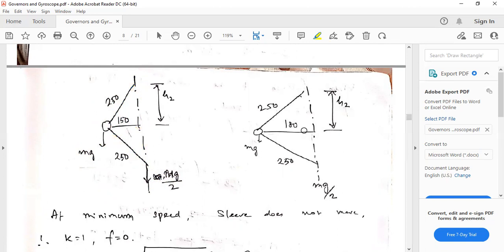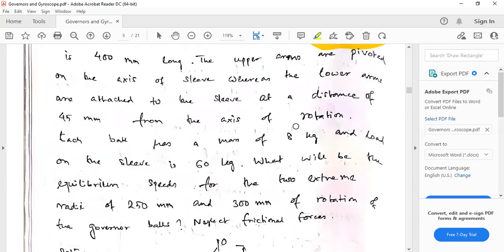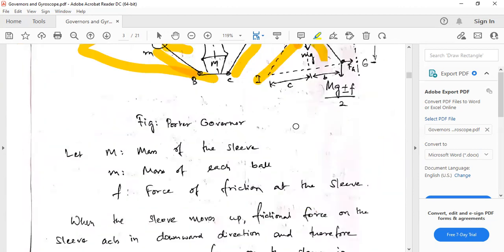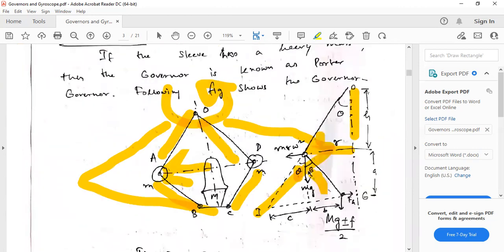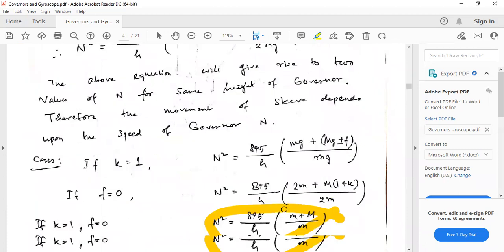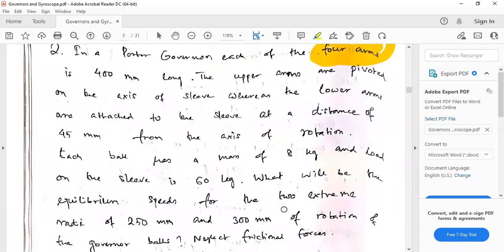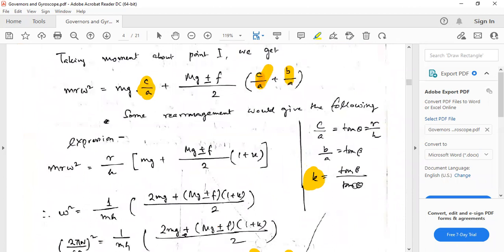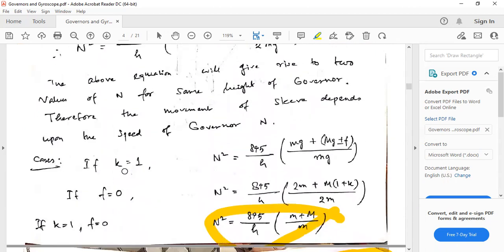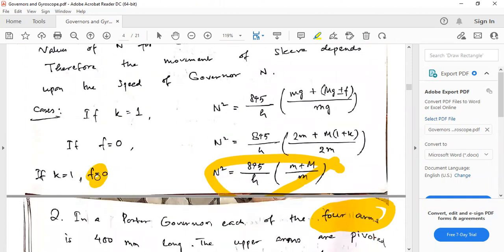So in both cases, in 150 also and in 180 also, this angle theta and this angle beta are the same. If beta and theta are the same, then tan beta is equal to tan theta, so k, small k, is 1. And for the first case we have taken friction as 0 because it is not given. So this is the case we have to consider: k equal to 1 and f equal to 0.